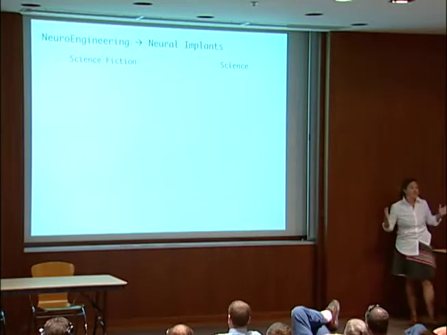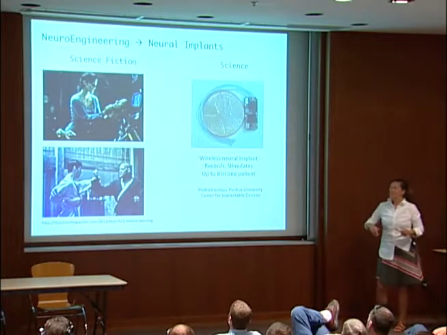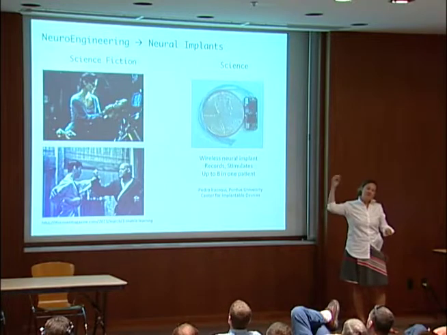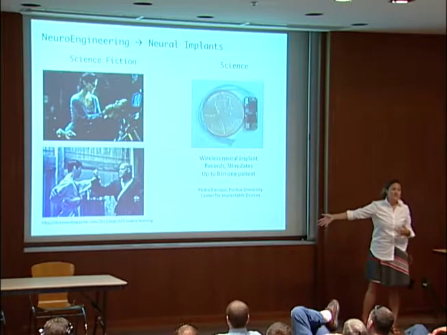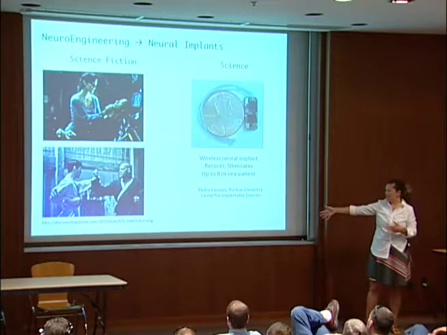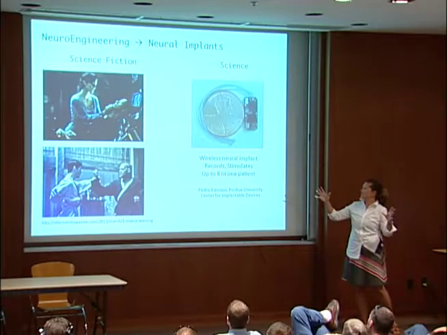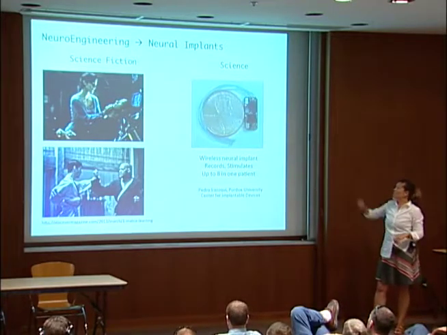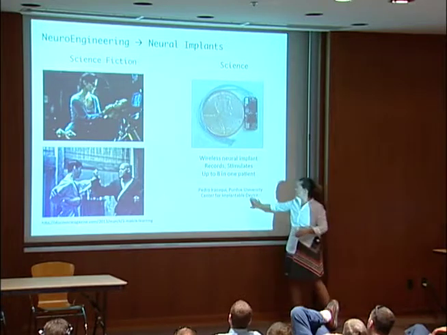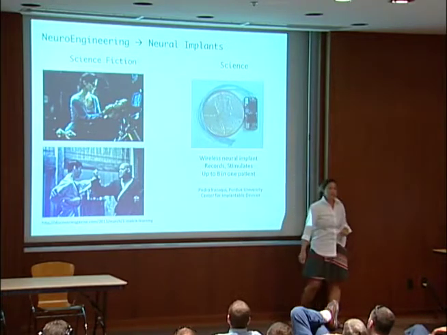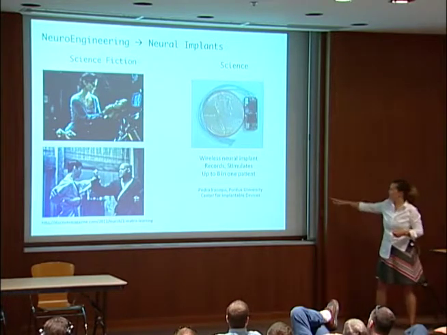So neuroengineering, neural implants, right? Our science fiction example is like The Matrix, right? You jack in, you download a jujitsu program, and the next thing you know, you're kicking Morpheus's bum in your martial arts arena. That's our science fiction example. Where's the state of the art today? This comes from the Center for Implantable Devices here at Purdue. Pedro Irazoqui, a good friend of mine, we were both neuroengineering graduate students together at UCLA.